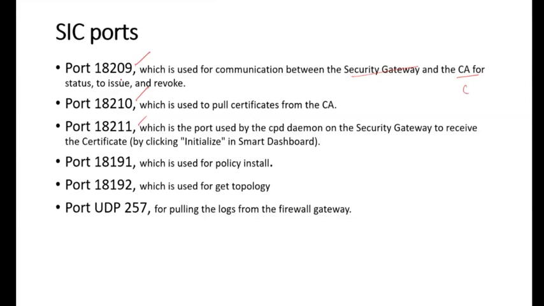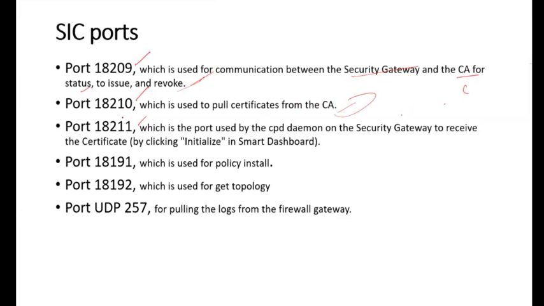It is used to check the status and to issue and revoke certificates. Port 18210 is used to pull the certificates from the certificate authority. From the gateway also we can pull the certificates.